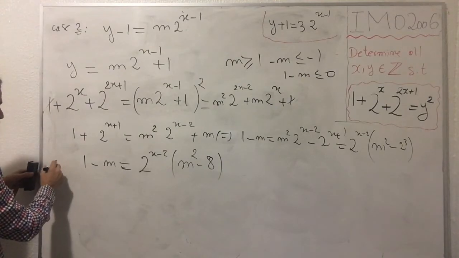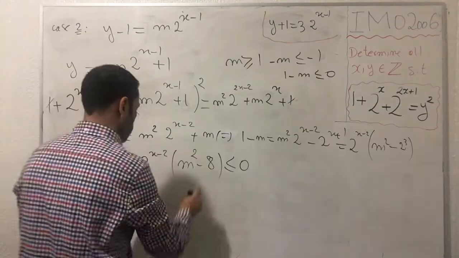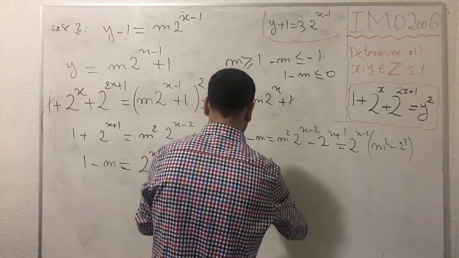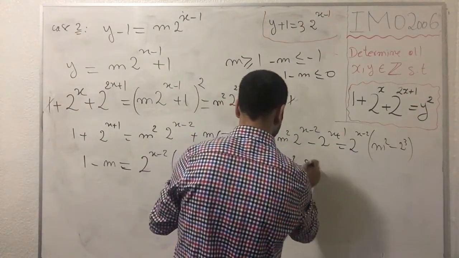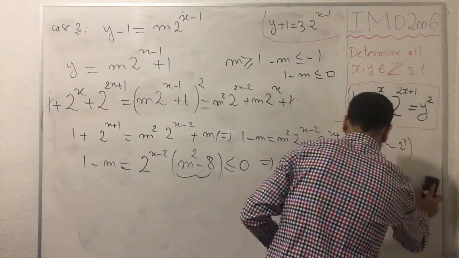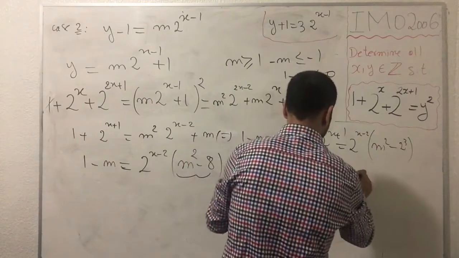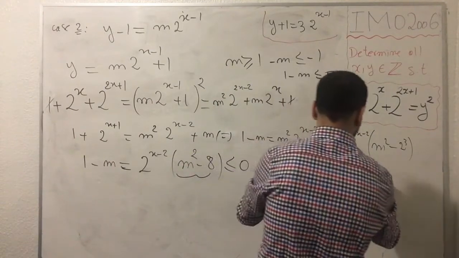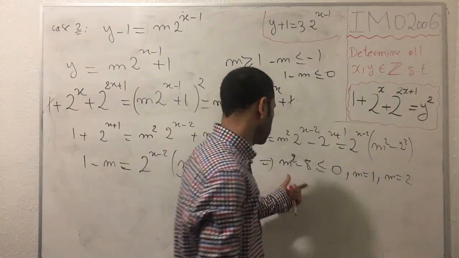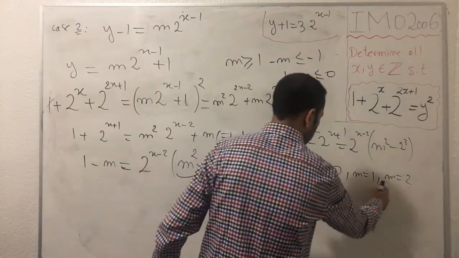This 0 is superior to this one. Okay, what does that mean? This implies m squared minus 8 is inferior to 0. I have two choices here: m equal to 1 and m equal to 2.